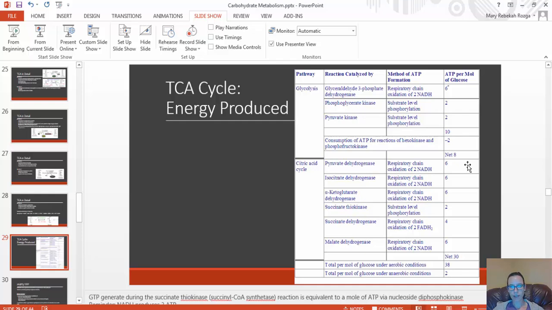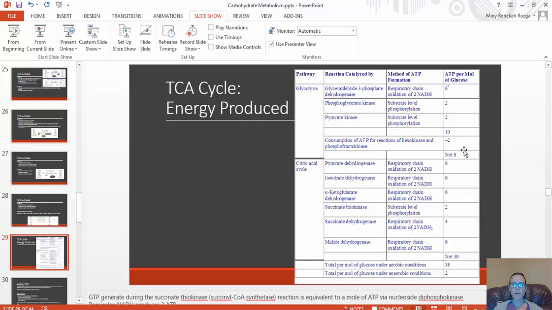So we double everything. Ultimately, for every mole of glucose, we're going to produce 38 moles of ATP, and then we're going to use 2 moles of ATP in this initial stage of glycolysis. So you can see that this investment is well worth it because we're only investing 2, but we're ultimately producing 38 moles of ATP.